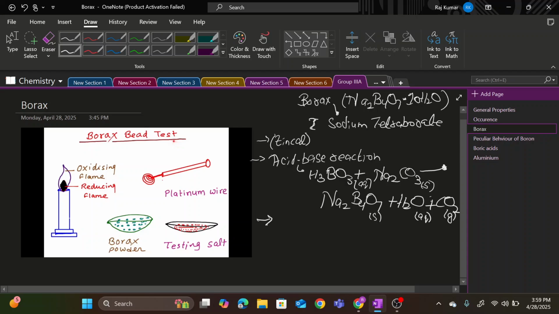Now, the second method of preparation for borax is through colemanite. Colemanite is also known as calcium borate.